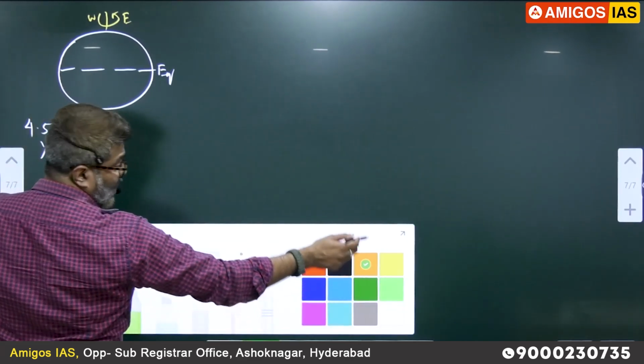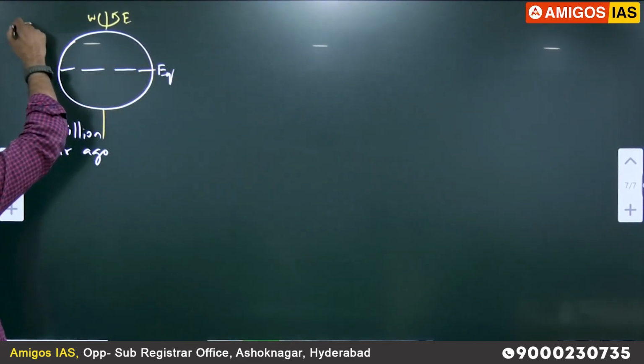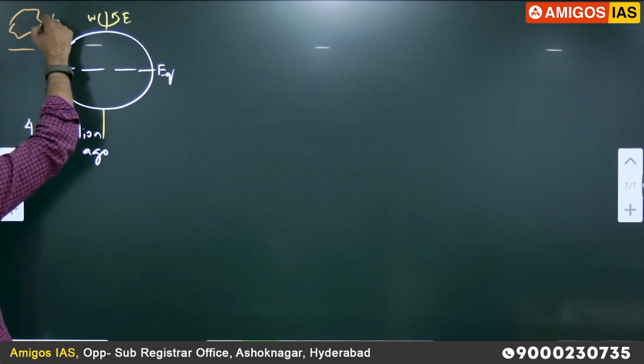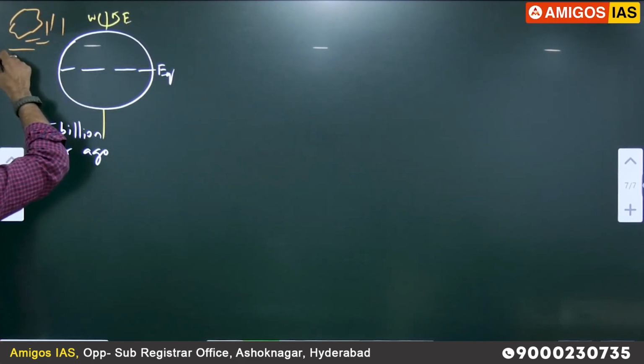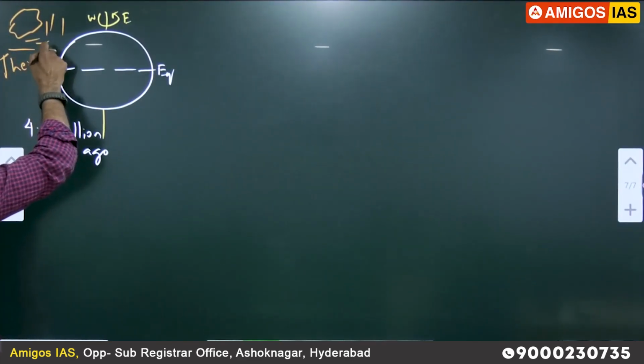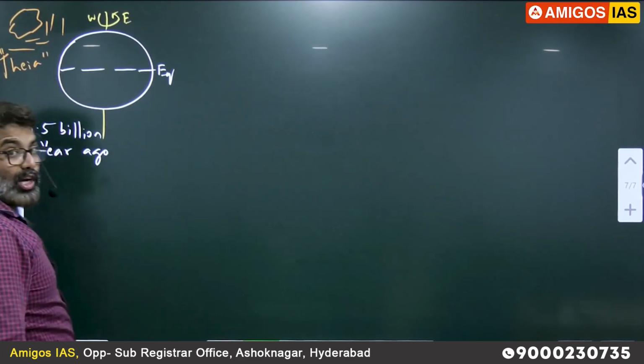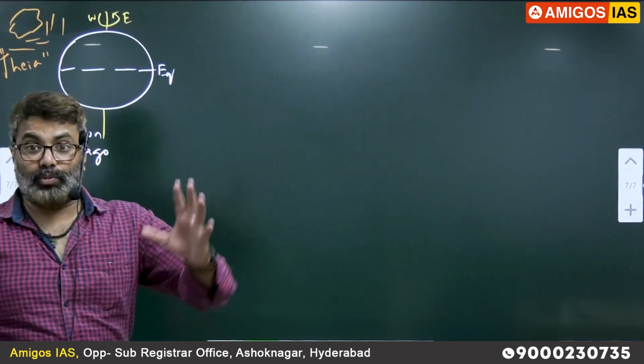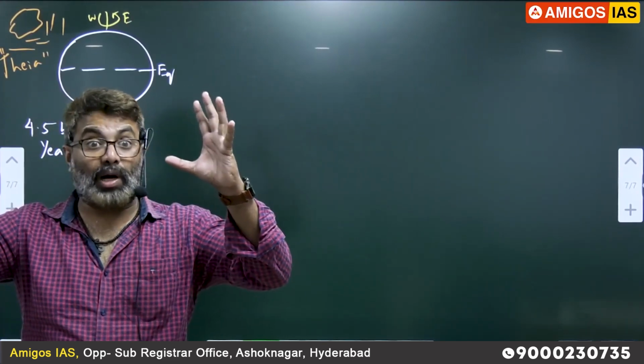A large asteroid, all of you know what is an asteroid, collided with the Earth like this. This asteroid is today called Theia. It was as big as Mars.